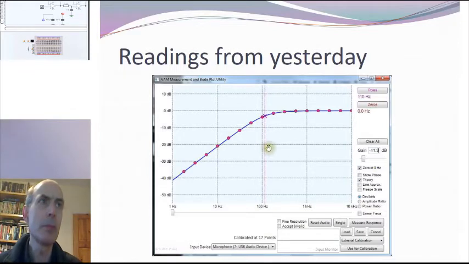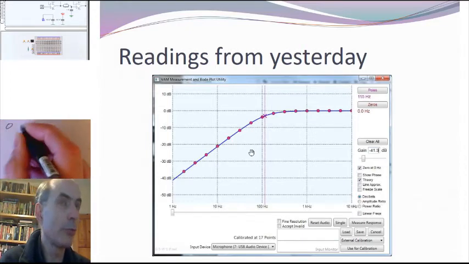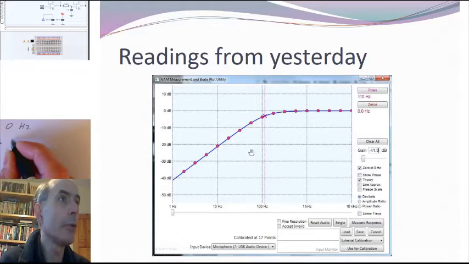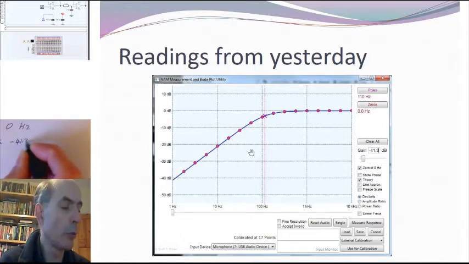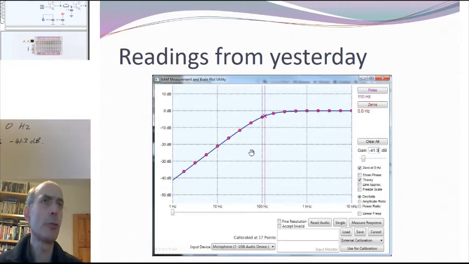For example, this one, we have a pole at 115 Hz, we have a zero at 0 Hz, and we have a gain of minus 41.3 dB. And that corresponds to a circuit which looks something like this.